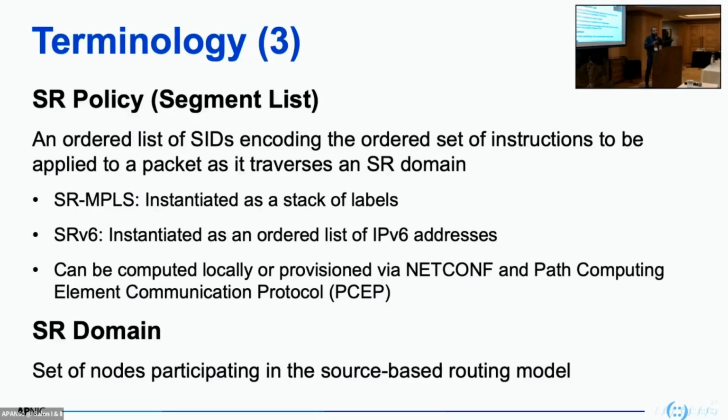If OSPF and ISIS can give that information to BGP, and BGP can carry it to the controller, the controller doesn't need to do direct adjacency with anybody anymore. So that's called BGP-LS, and it is done by the TLV.